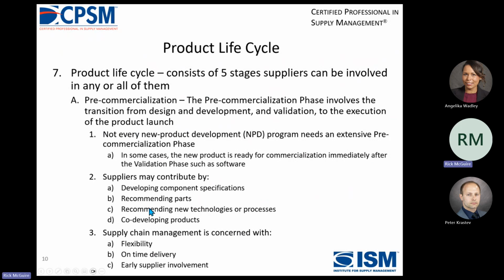Suppliers may contribute by developing component specs or recommending parts, recommending new technologies, or in some cases co-developing the products. This runs into intellectual property issues. You've got to have those to find out, something like a DDA. Supply chain management is kind of flexibility, on-time delivery, and early supplier involvement.